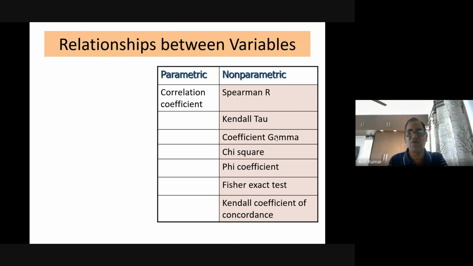You can talk of coefficient gamma. You can think of using chi-square. You can think of using the phi coefficient. You can think of using the Fisher exact test. You can think of using Kendall's coefficient of concordance. So all these are parallel non-parametric tests when your data is not normal, when your data is not measured on an appropriate level.